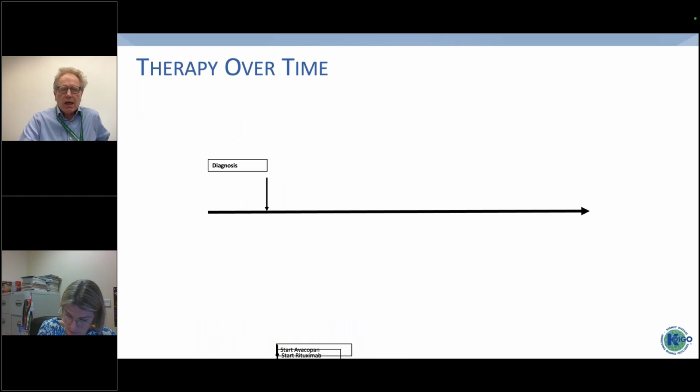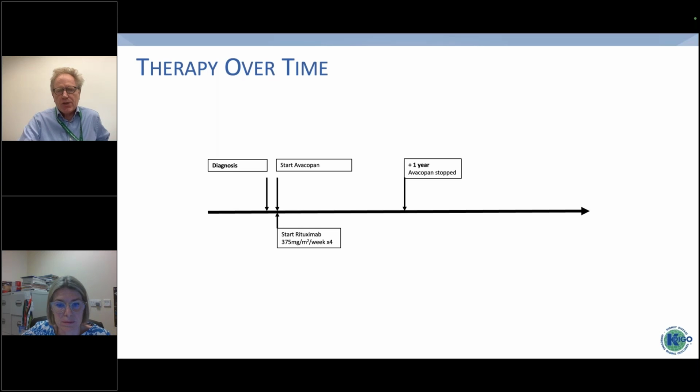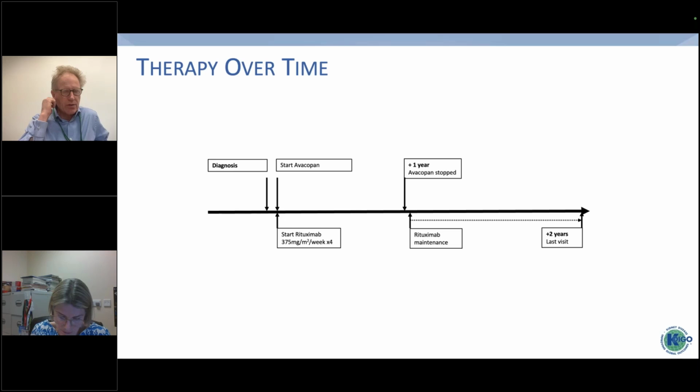So in fact, we treated her for 2 years at the end of the 1 year. So in fact, we stopped the rituximab 3 years after her original presentation. And I think this is a very important question. The problem with stopping rituximab is that within 6 to 12 months, the relapse risk the patient had before you started the rituximab maintenance returns.